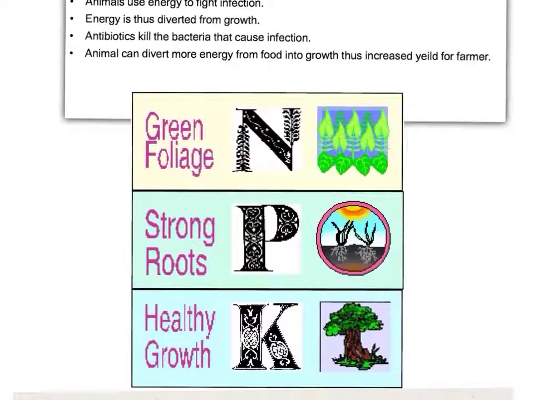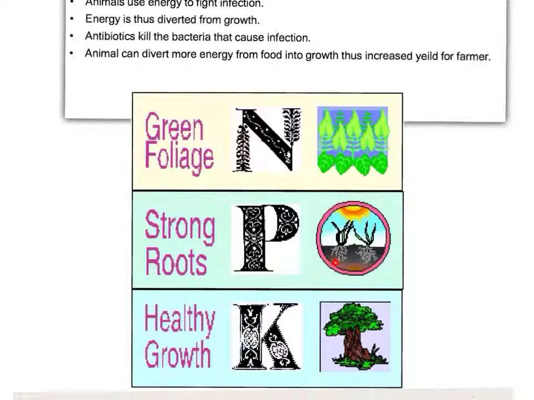These NPK, nitrogen, phosphates, and potassium, nitrates are important for producing green foliage and therefore efficient photosynthesis. And also important for producing amino acids to produce proteins, which cause the plant to grow, and subsequently might cause animals to grow that might be feeding on this feed.